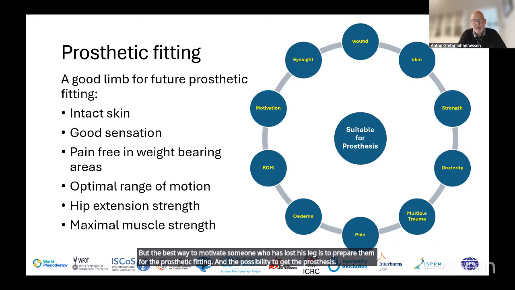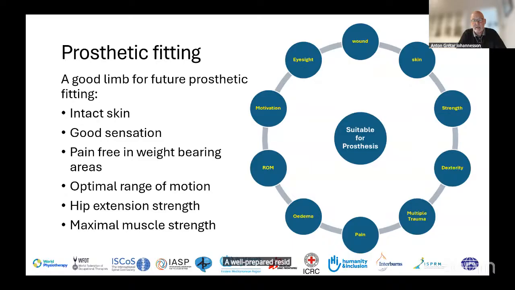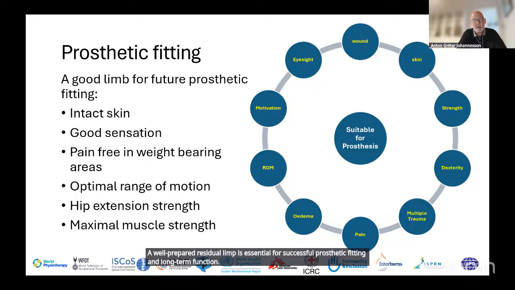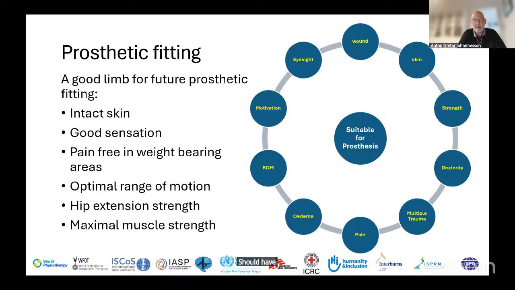A well-prepared residual limb is essential for successful prosthetic fitting and long-term function. The limb should have intact and healthy skin with good sensation to allow feedback and protect against injury. It should be as much pain-free in weight-bearing area as possible, ensuring comfort during prosthetic use.